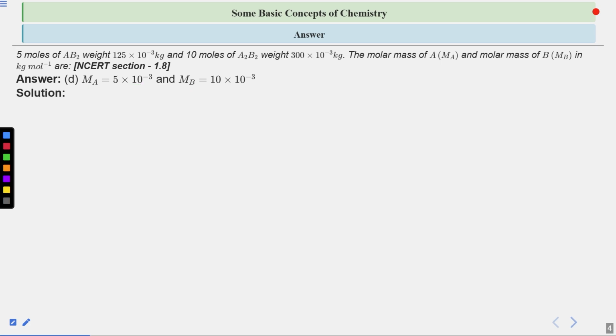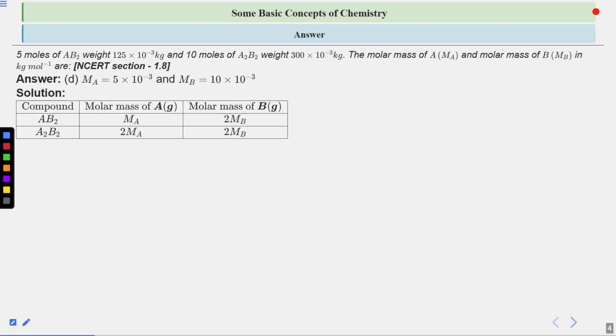How will we solve it? From this table, you can get an idea of what variables we are using. We are taking it according to the question only. So we are taking the molar mass of A as Ma and molar mass of B as Mb. If we are doing so, then what is the mass of A present in 1 mole of AB2?